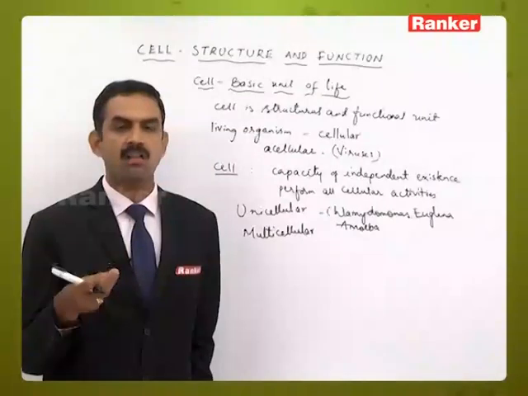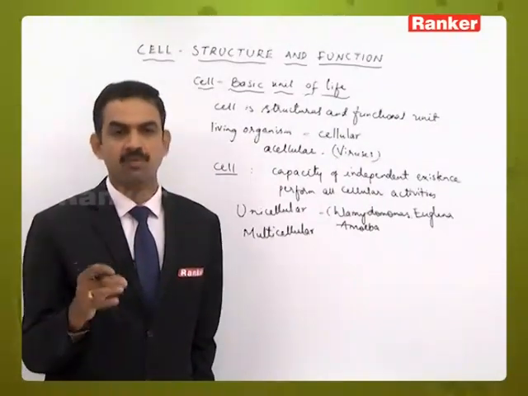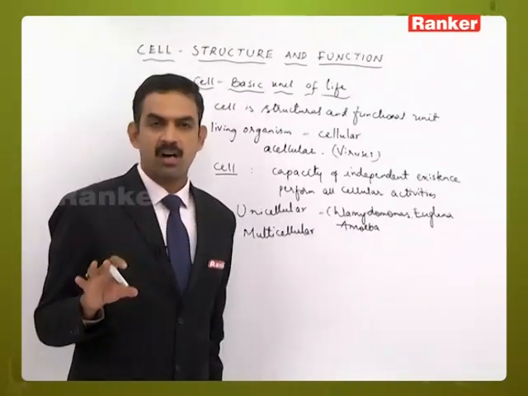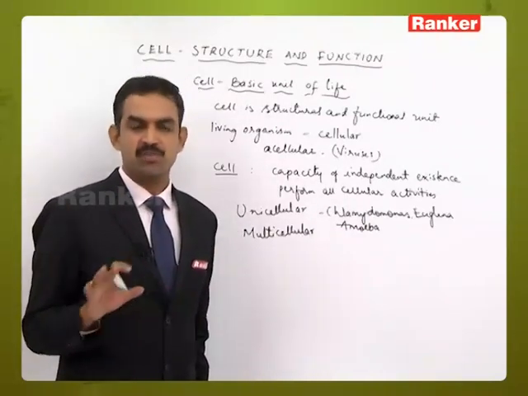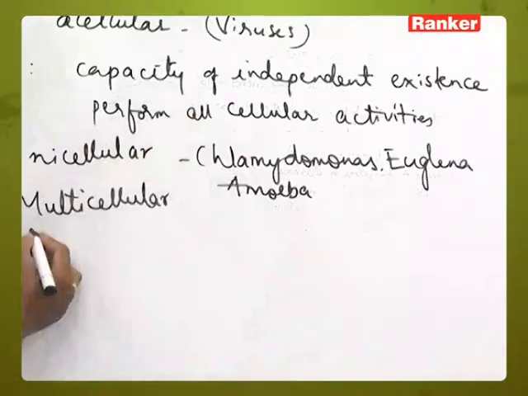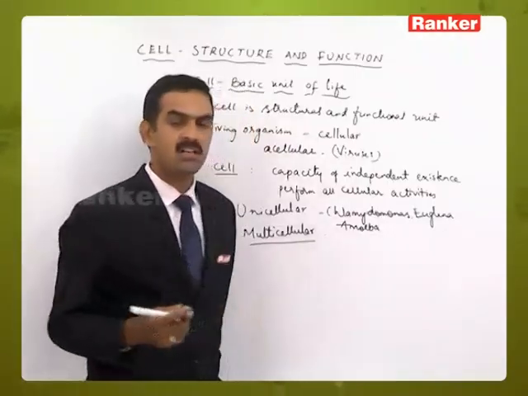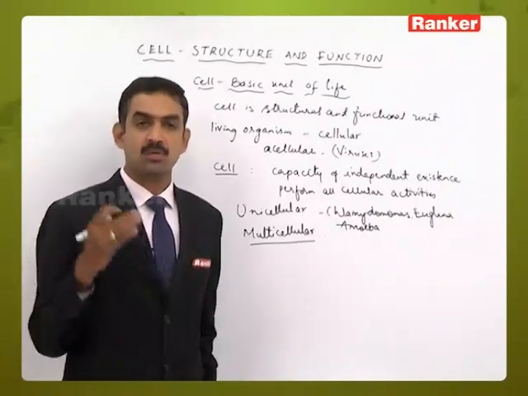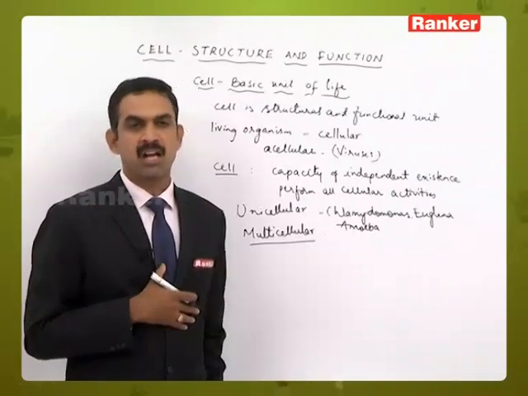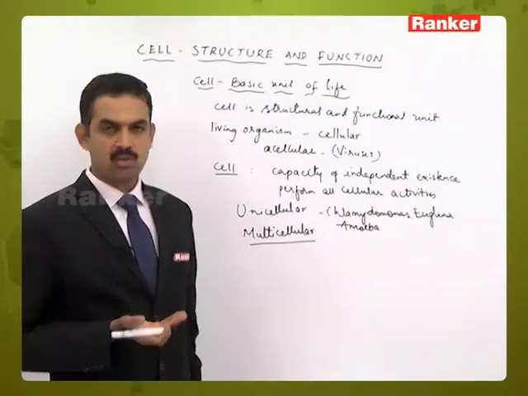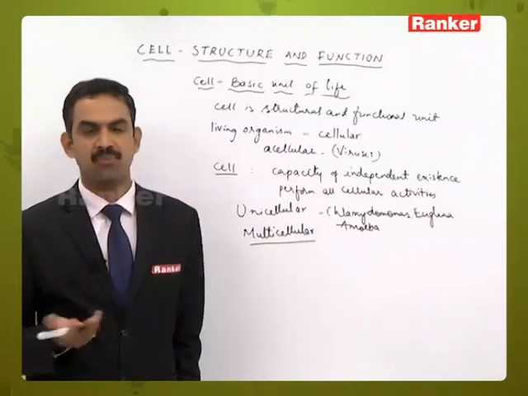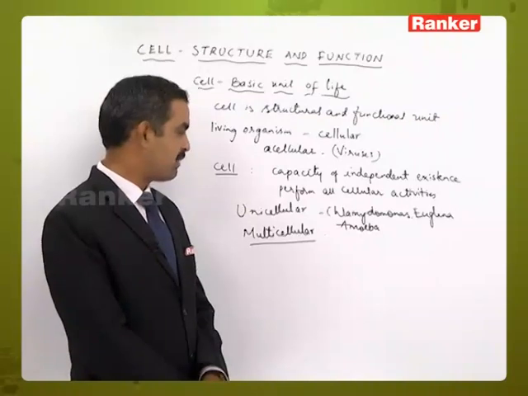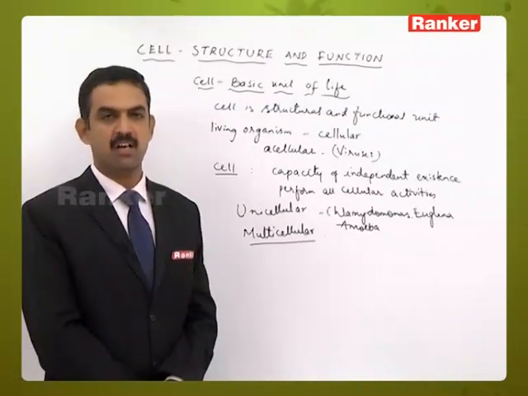They perform all the functions for the survival of that living organism, whether it is a unicellular or a multicellular organism. Of course, many higher organisms are multicellular, starting from some of the algal members to highly developed angiosperms, and in animals also, like human beings, where they are made up of many cells. Likewise, the deviation can be seen based on the number of cells in the living organism.